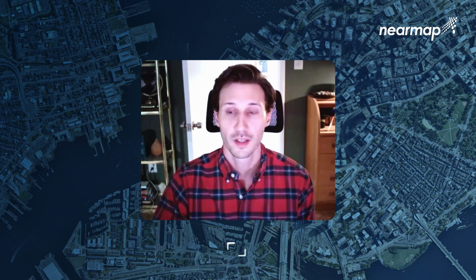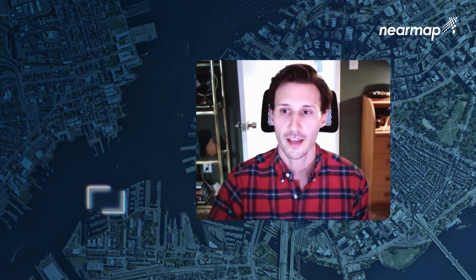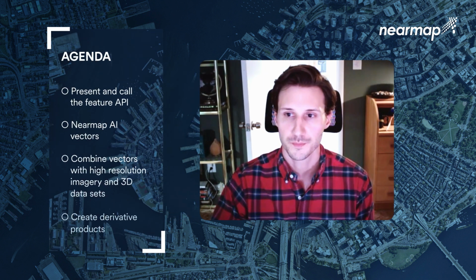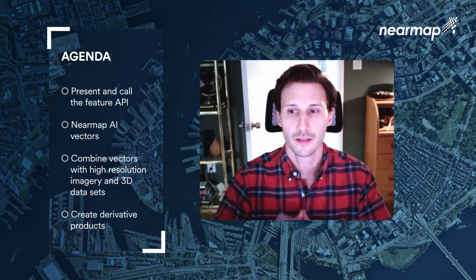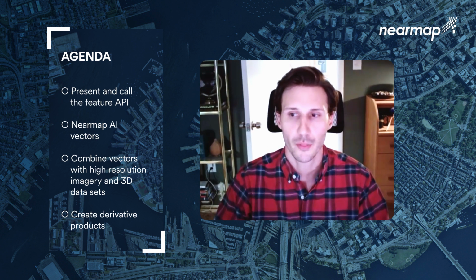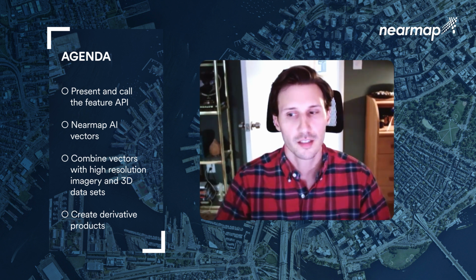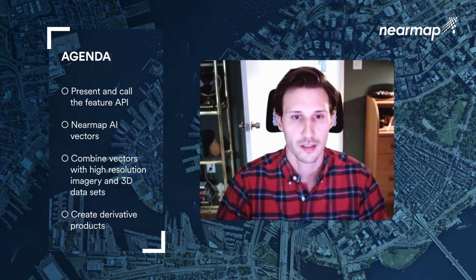Greetings, navigators, and welcome to our workshop. Together, we want to present and demonstrate how to call the AI Feature API, ingest Nearmap AI vectors inside of ArcGIS Pro, and combine them with high-resolution imagery and 3D datasets to give intelligent location insights.